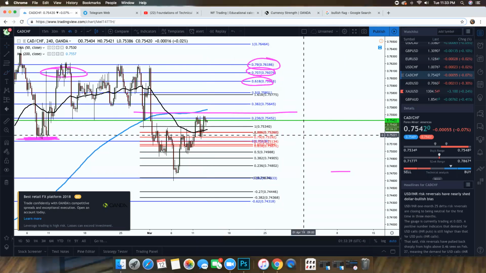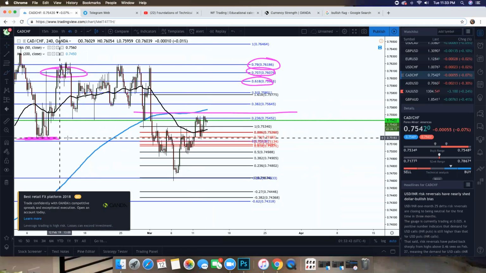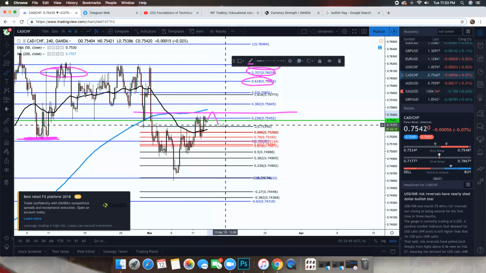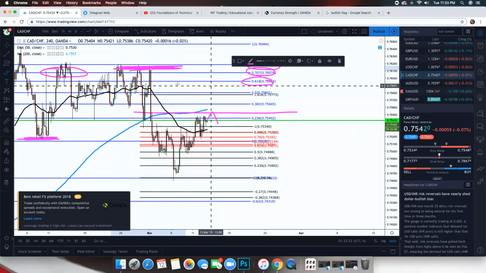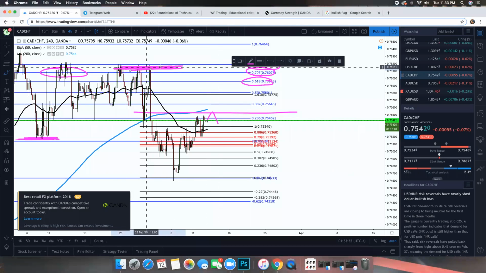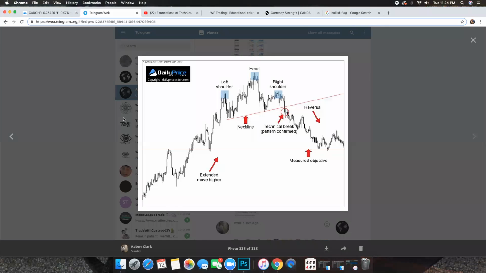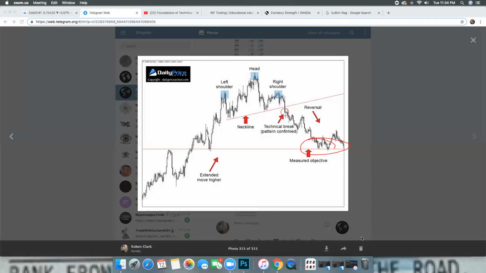But for the moment, it is forming a head and shoulders, but I wouldn't call it a head and shoulders until we see this break. Once we see the break of this trend line, right? We see the break, we get a retest, and then it's a head and shoulders, and then you could sell it to your TP up here. If we look at the measured objective, that pink line I just highlighted could be our TP, right here.